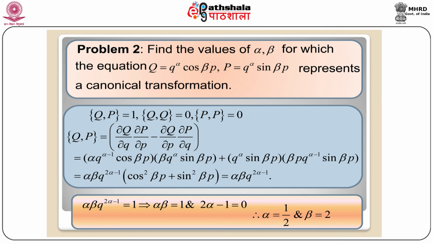From this relation, one can get alpha beta equal to 1 and 2 alpha minus 1 equal to 0, since q to the power 0 gives 1. From these two relations, if we calculate, then we get alpha equal to half and beta equal to 2.